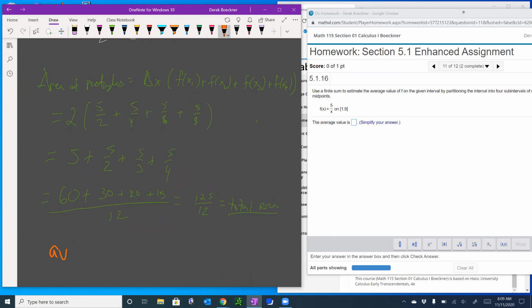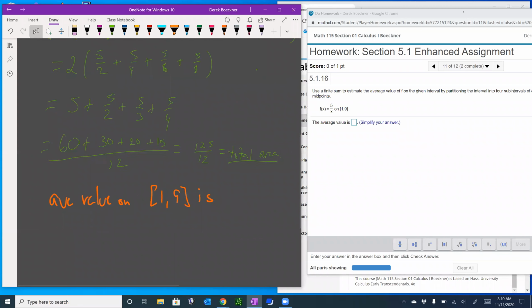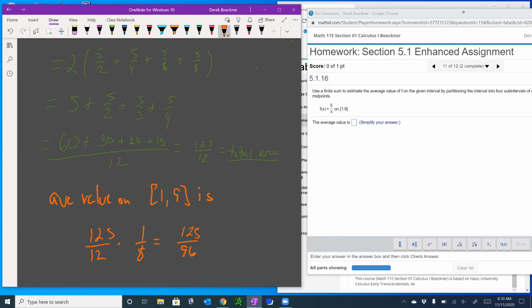So the average value on 1 to 9 is 125 over 12 times 1/8, because 8 is the length of that interval. 8 times 12 is 96. So 125 over 96.